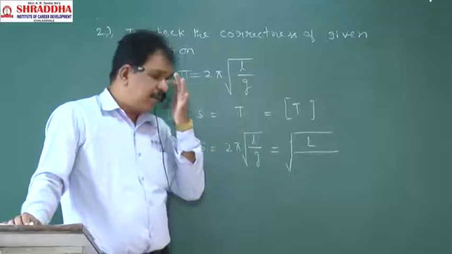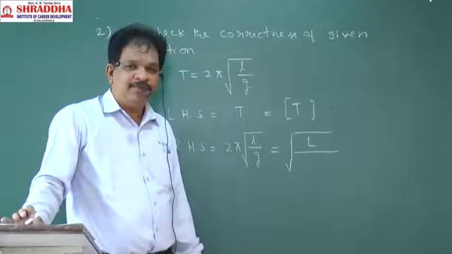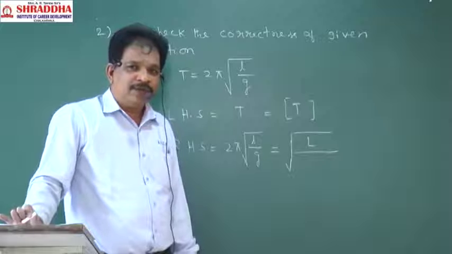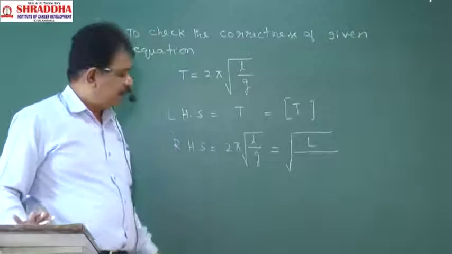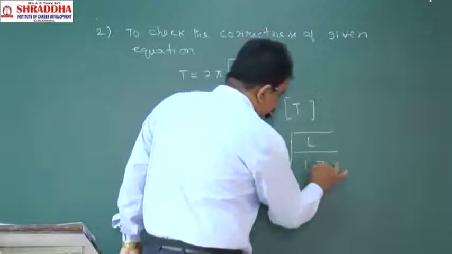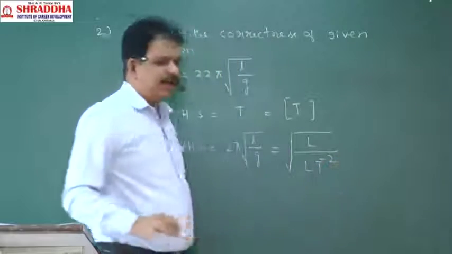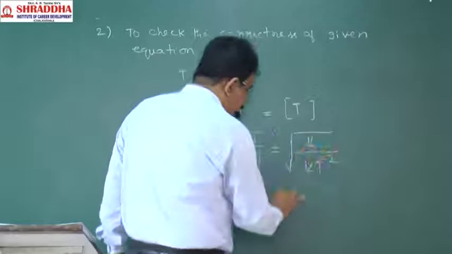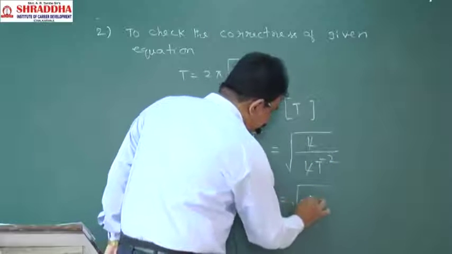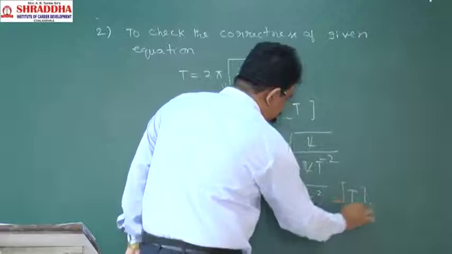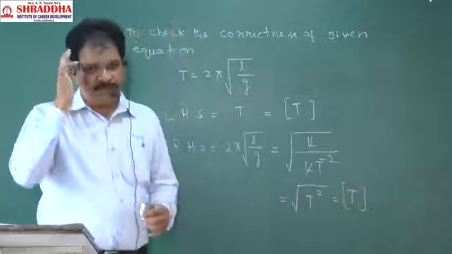Its dimensional formula, how much? Already we wrote the dimensional formulas; you have to memorize all, practice all. g's dimensional formula will be L T power minus 2. L will cancel. This value will be square root of T square, so this value will be T.